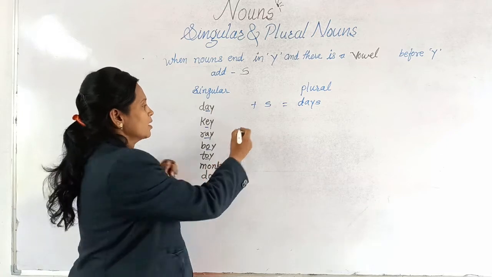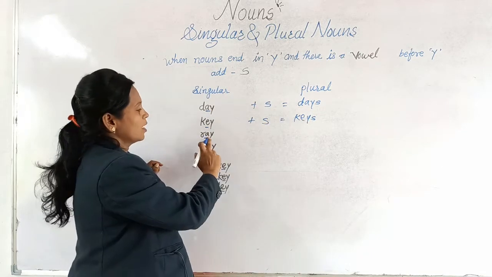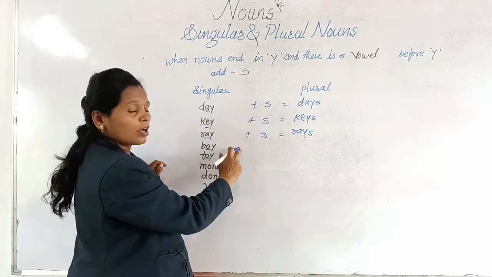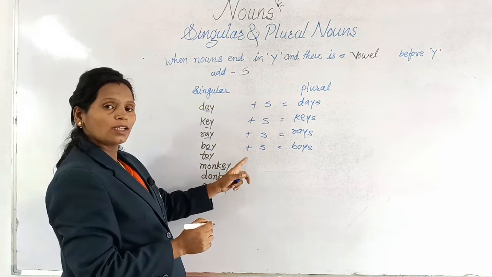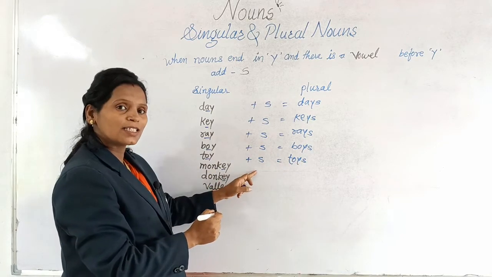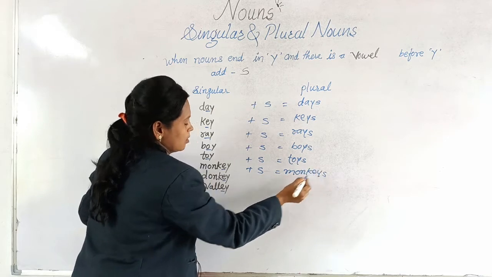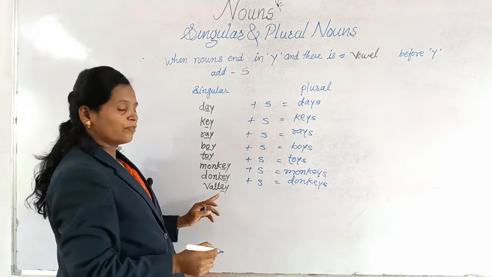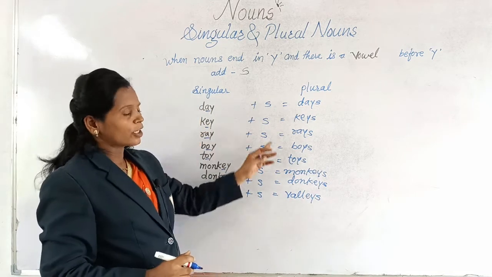So day, days; key, keys; ray, rays; boy, boys; toy, toys; monkey plus S, monkeys; donkey, donkeys; and valley, valleys.